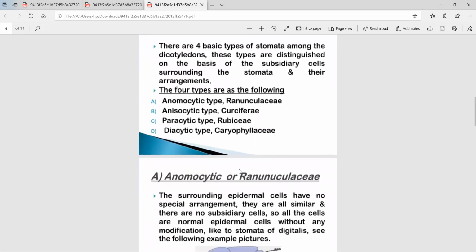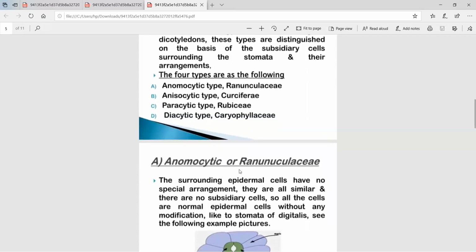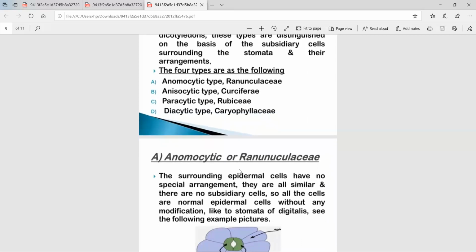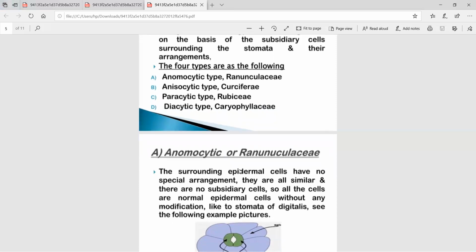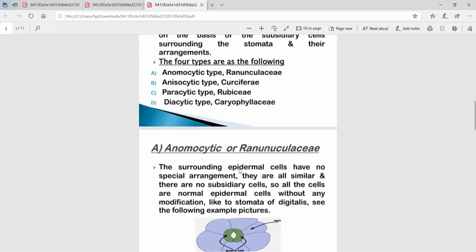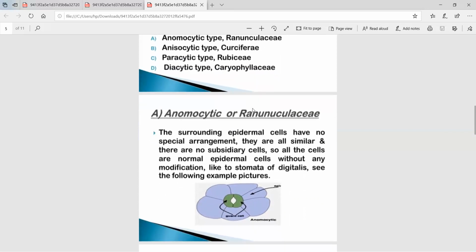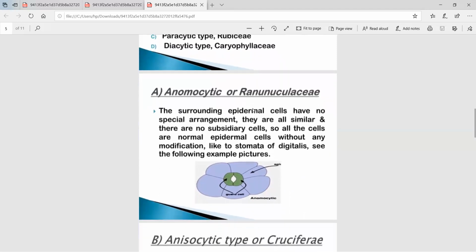The 4 types are: anomocytic type, also known as ranunculus type, seen in the Ranunculaceae members; second, anisocytic type, generally seen in Cruciferae; next, paracytic type, generally seen in Rubiaceae members; and diacytic type, seen in the Caryophyllaceae members. So the first one is the anomocytic or Ranunculaceae type.